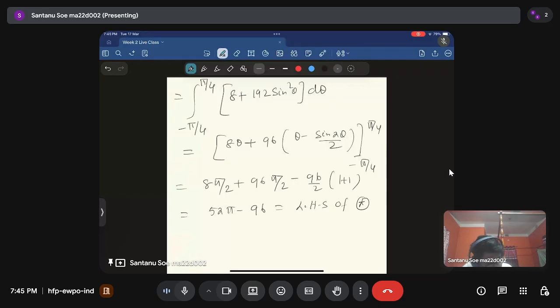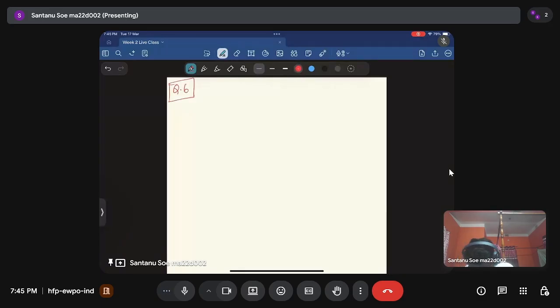So now we're gonna move on to the next question, which is question number 6. So let C be the boundary of the region enclosed by y equals to x square and y equals to x.